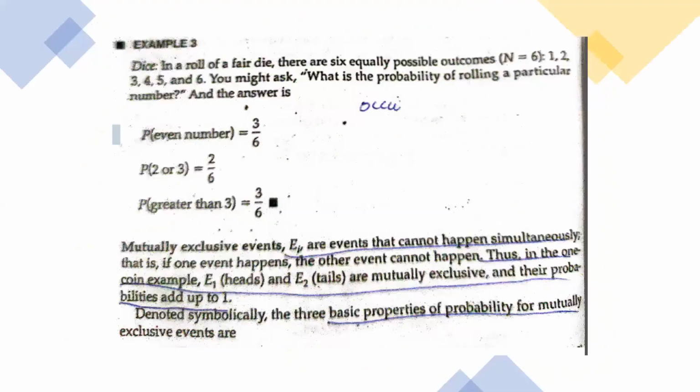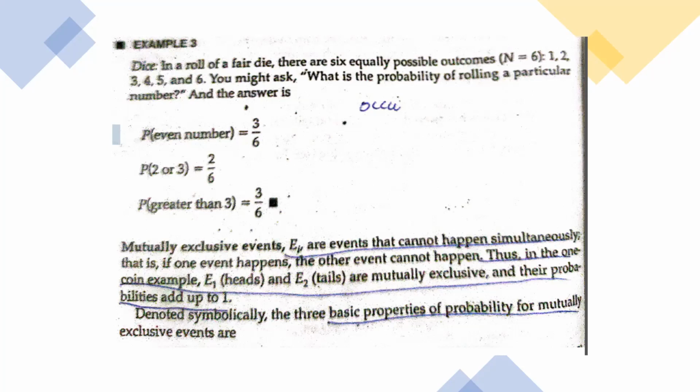Explaining it with an example, you are rolling a dice. There are 6 possible outcomes: 1, 2, 3, 4, 5, 6 on the dice. And what is the probability of rolling a particular number? For example, the even numbers.